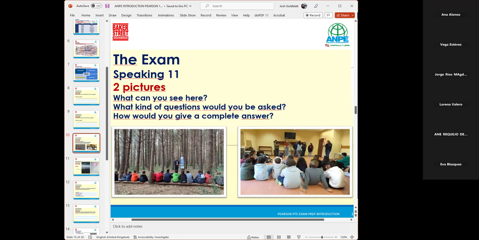Continue. I think in the first picture, the teacher or the person speaks about an activity in nature, and in the other picture, I don't know, a classroom, sports, or I don't know.